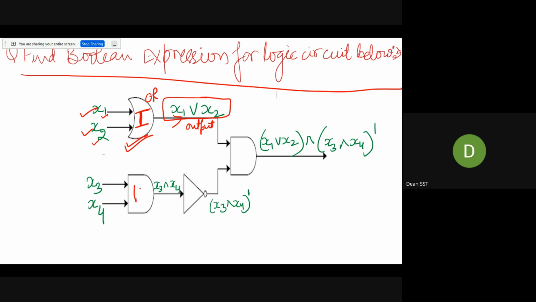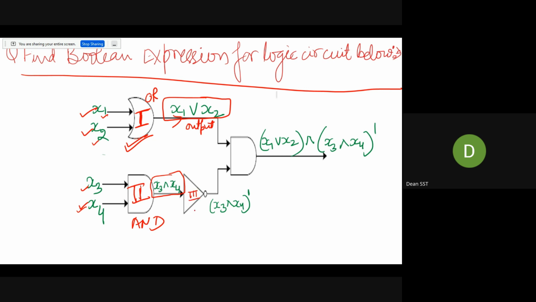So come to gate number 2. Which type of gate is it? AND gate, and the inputs are X3 and X4, so the output we have written as X3 AND X4. Now gate number 3.